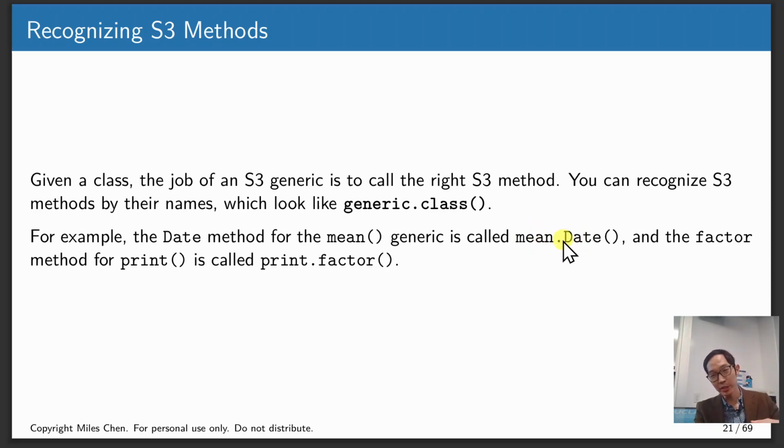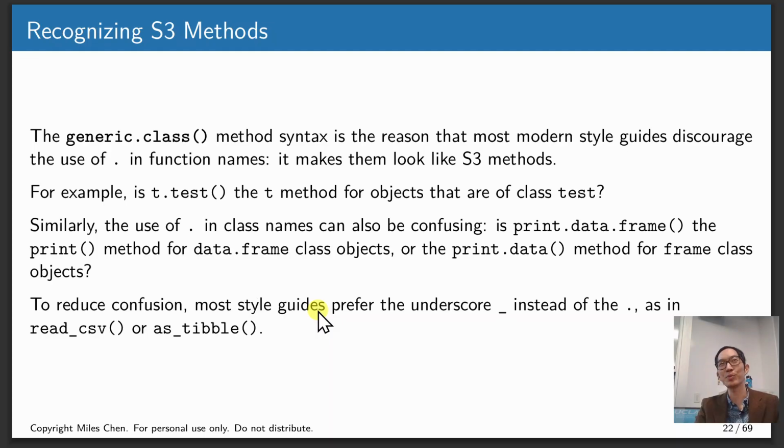If it's not named this, it's not going to work. For factors, when you want to print a factor, R finds the function print.factor. Internally, there's a whole bunch of functions: print.factor, print.default, print.date, and so on.